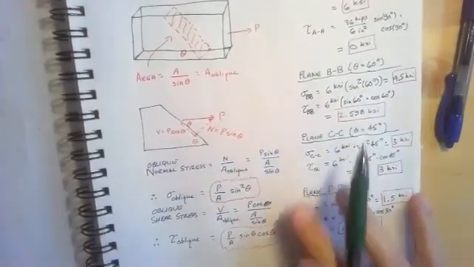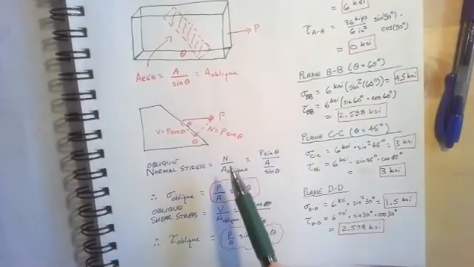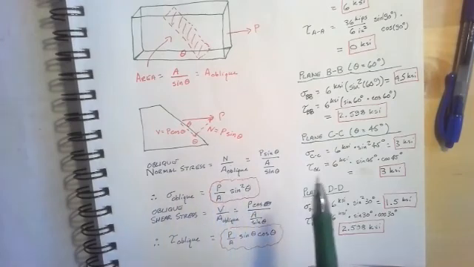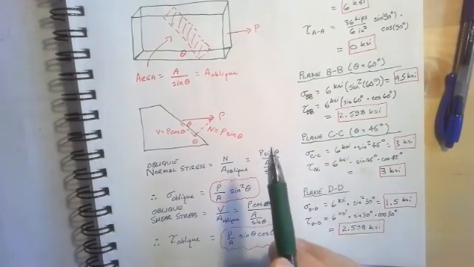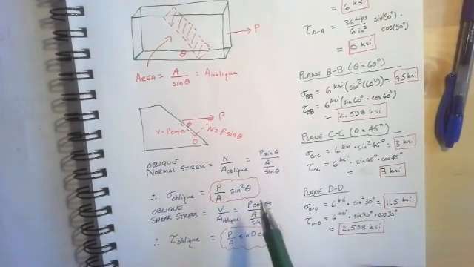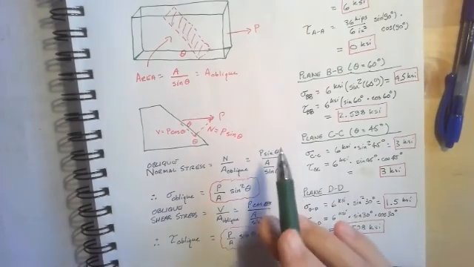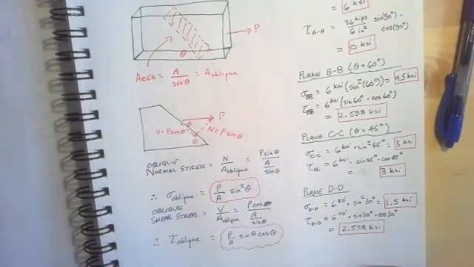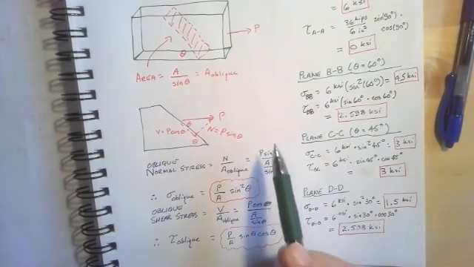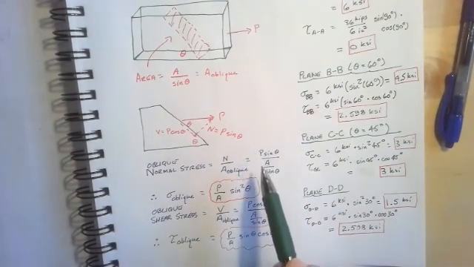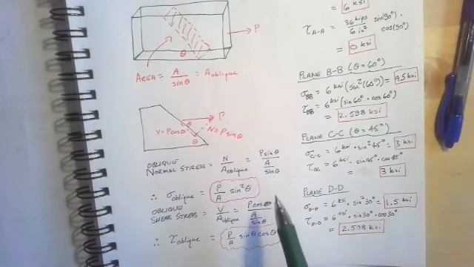We get the stresses the same way we always have, using the same definitions. We just have to use new components for normal and shear tractions, or those would be the force components acting on the plane. And we have to use the area of the oblique plane instead of the cross-sectional area.